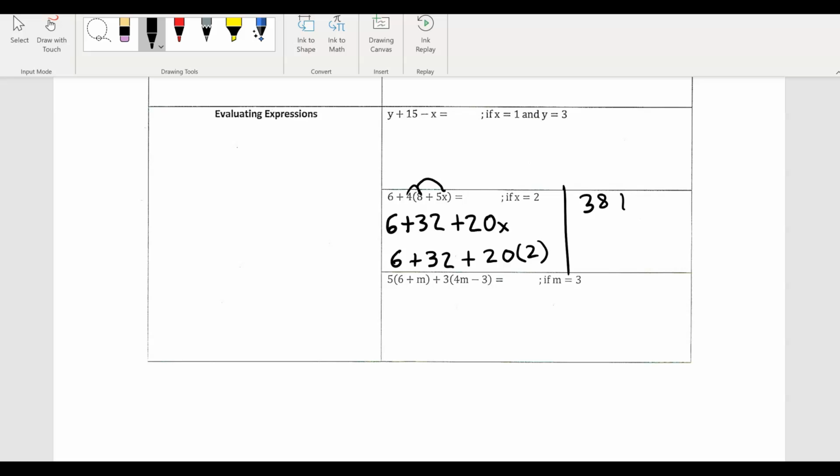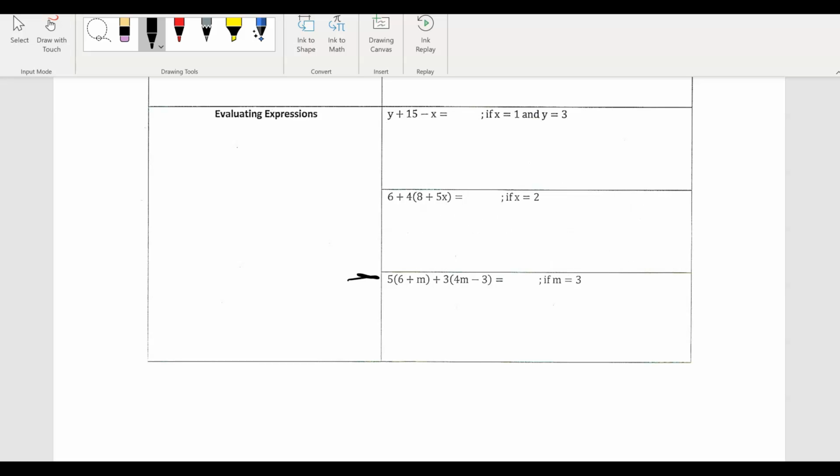And then we have plus 20 times 2, which is 40. So I have 38 plus 40 is 78. Okay, so go ahead and give this one a shot on your own and answer that in the Ed puzzle.